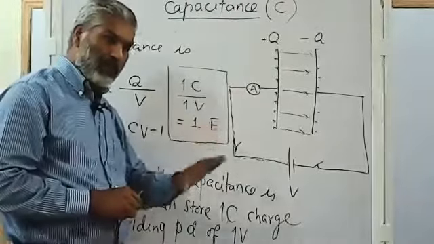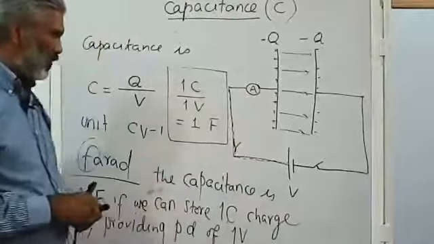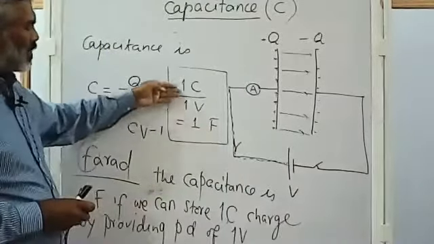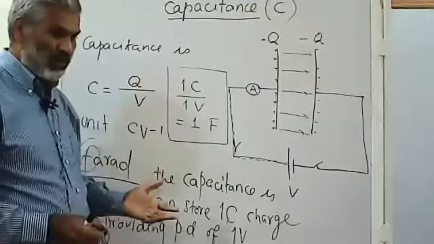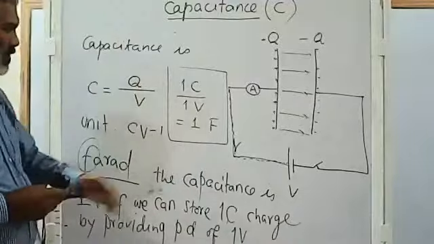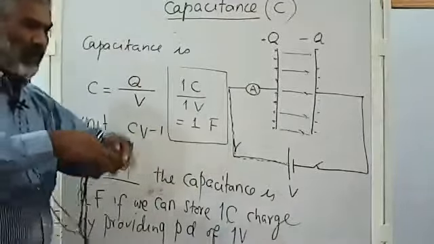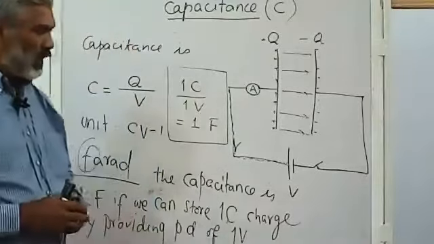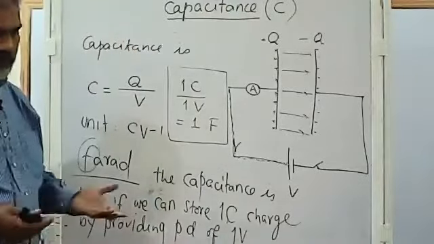Most of the time, micro and picofarad are used because 1 farad is large, because 1 coulomb is a huge amount of charge with just 1 volt potential difference. This is possible only if we have a very large capacitor, and that of course is rare.